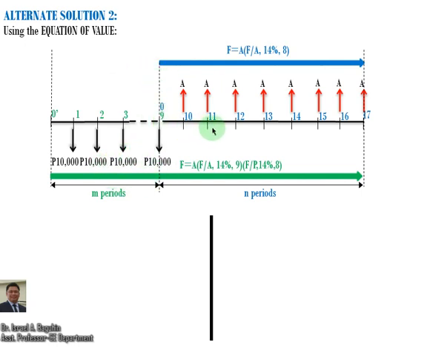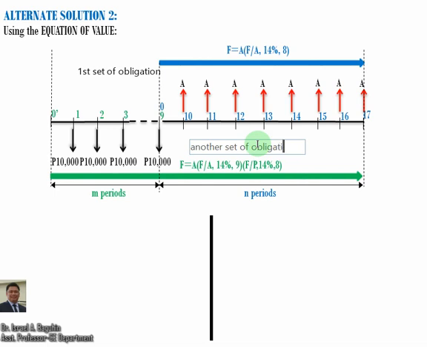But in this alternate solution number two, we are going after the future worth F. Again, we denote this one as the first set of obligation, and below we have another set of obligation.